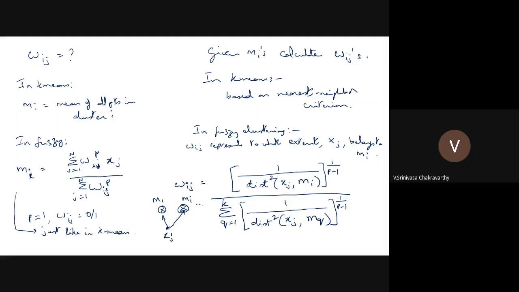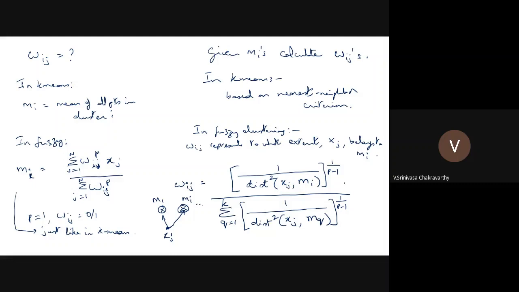If I'm comparing with mi, take the inverse of this distance, and in the denominator you have the inverse of all the other distances. So if the distance to a particular mi is really low, this quantity will be high. Even if xj becomes identical to a certain mi, that distance is 0 and 1 over that is infinity, but you can show that if you divide numerator and denominator by that distance and then let xj tend to mi, the whole thing simply goes to 1. It won't blow up. That is what is nice about this expression.